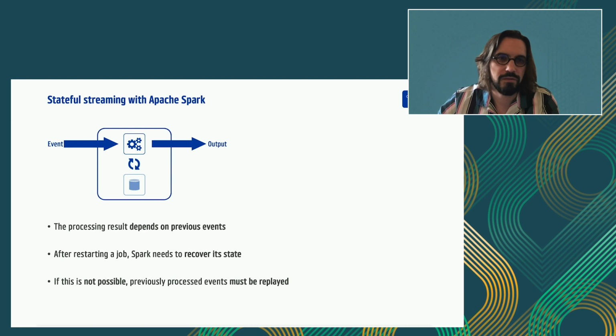This adds a bit more complexity if we need to recover the state once a Spark job restarts or something like that. And it's not possible to simply reprocess events that have been previously processed, because then you'll make a change to the state again, and that will make the state inconsistent.